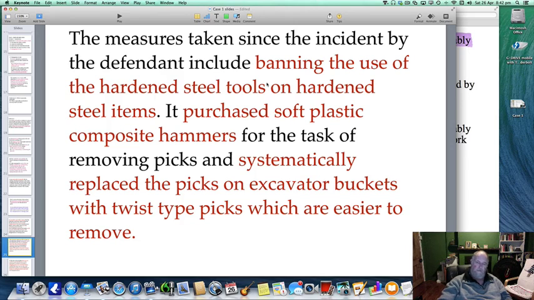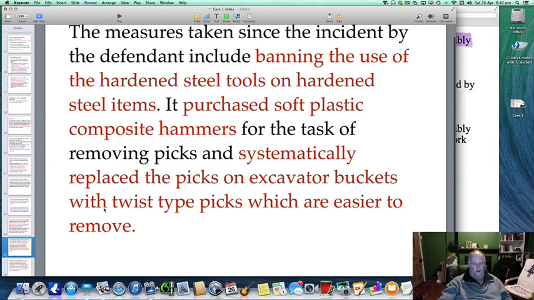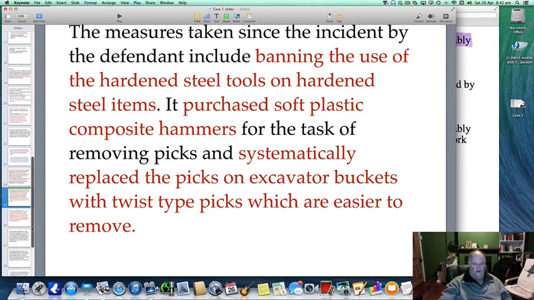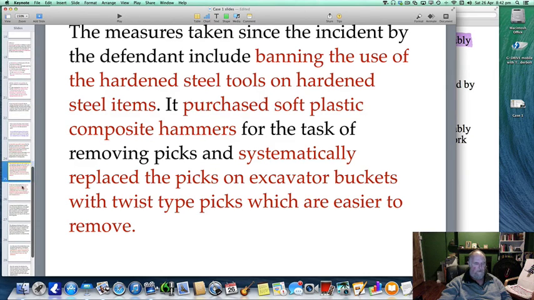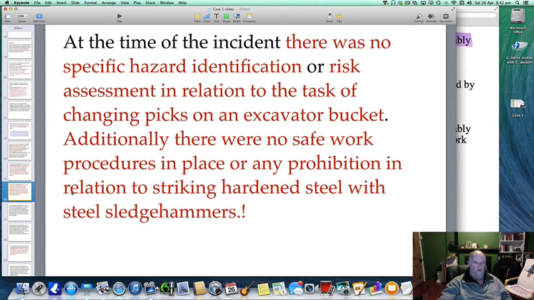You can do it much better with the new materials they use. It purchased soft plastic composite hammers for the task of removing picks, and systematically replaced the picks on excavator buckets with the twist-type picks, which are easier to remove. What else did they do? At the time of the incident, there was no specific hazard identification.